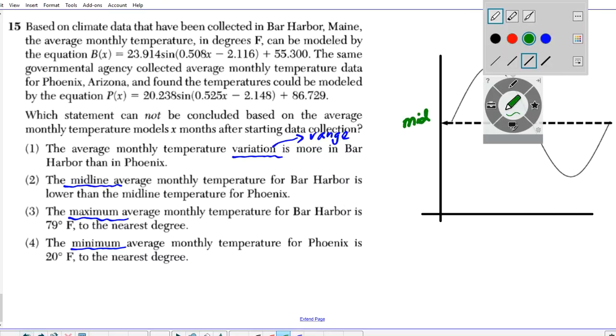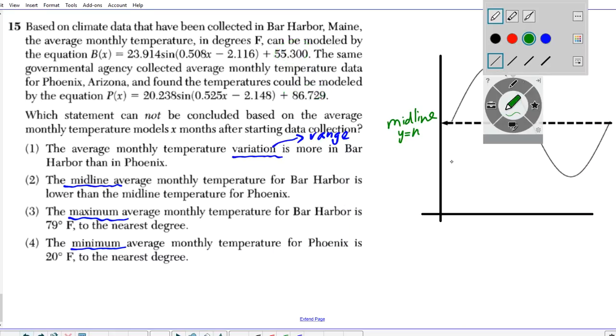Let me change the color there. So this is our midline, and the midline is basically your h value. So this is your h value, and that's your h value. So that's basically what the midline is.